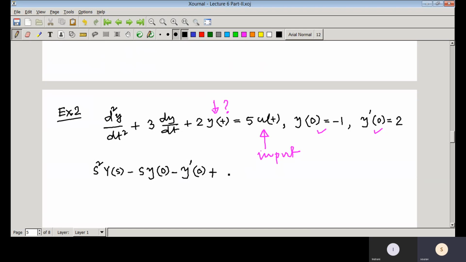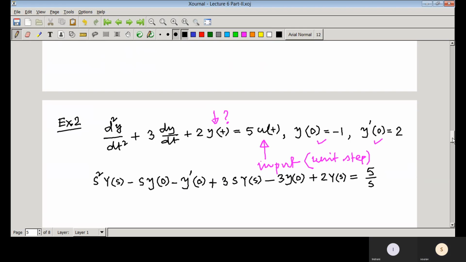Now the second term: 3sY(s) - 3y(0), plus 2Y(s), the third term. Finally, we have taken the forcing function as a unit step. You can take some other forcing function as well, but here we have taken a unit step, so that would be 5/s.